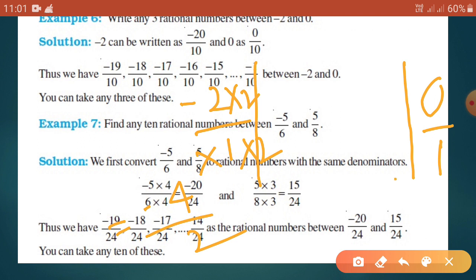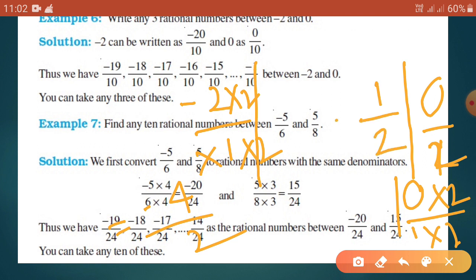And here also we have to do the same thing, multiply by 2 at the denominator and numerator, so it gives us 0 by 2. So ultimately we are getting 0 by 2 and minus 4 by 2. So what are the numbers between 0 by 2 and minus 4 by 2? That is minus 1 by 2, minus 2 by 2 and minus 3 by 2.